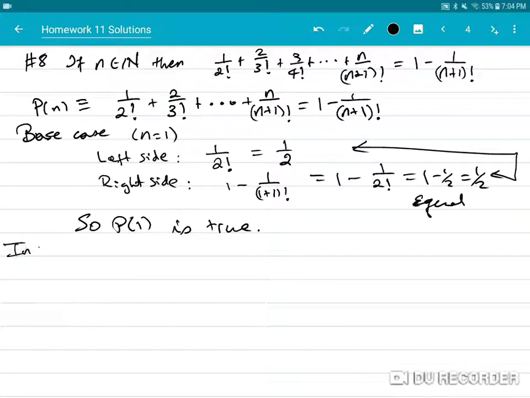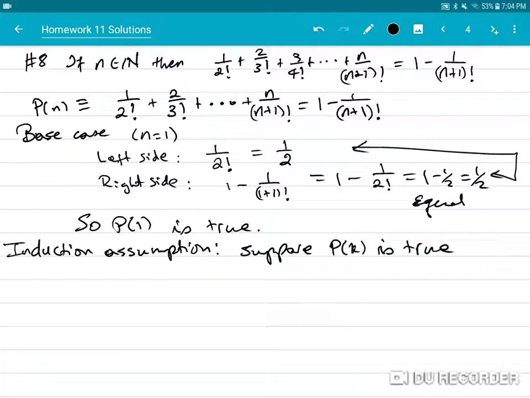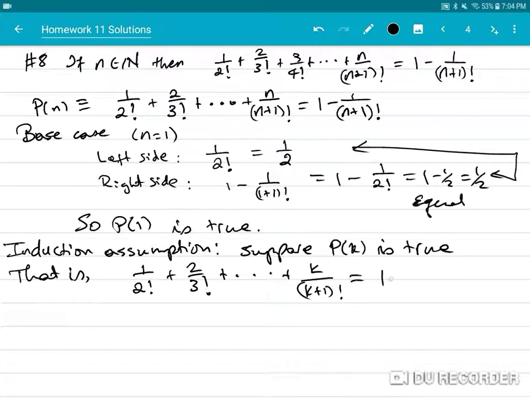Now the induction assumption. Suppose that P of k is true. That is, we suppose that 1 over 2 factorial plus 2 over 3 factorial, if we add them up to k over k plus 1 factorial, we get 1 minus 1 over k plus 1 factorial.